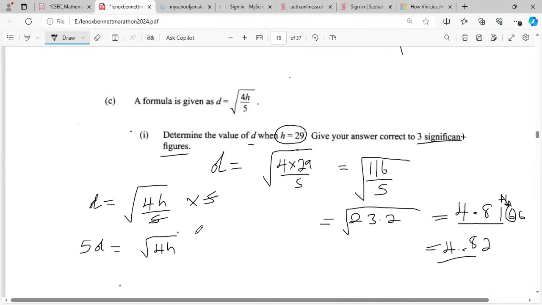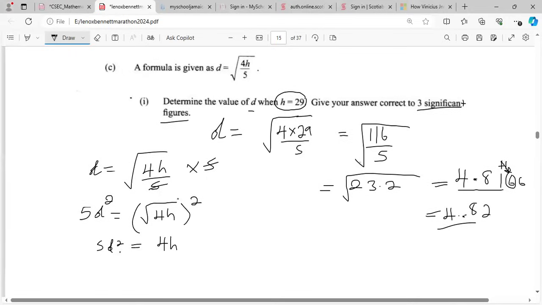Now, get rid of the square root. So the opposite of square root is square. So we find the square, and then now we have 5D squared equal 4H.